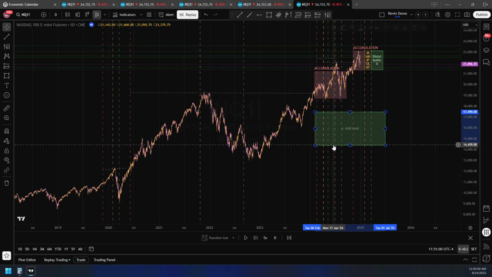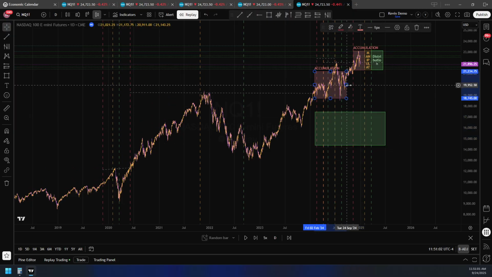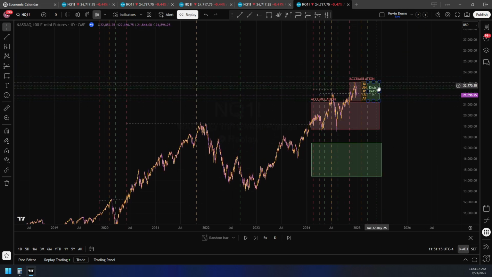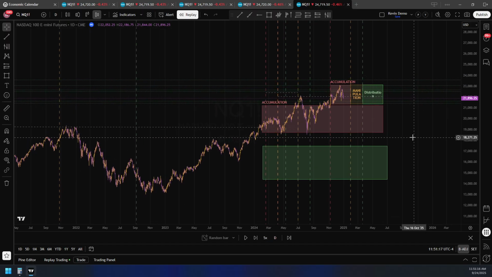So let's plot that out. So accumulation. It's about two whole cycles. Wow. Okay. Sure, let's go with that.